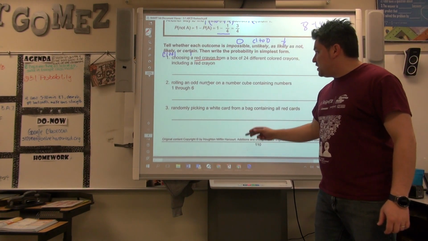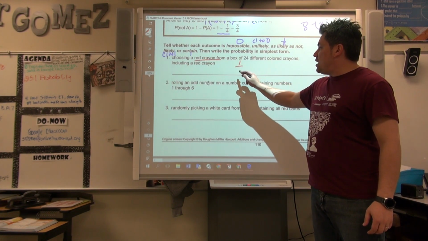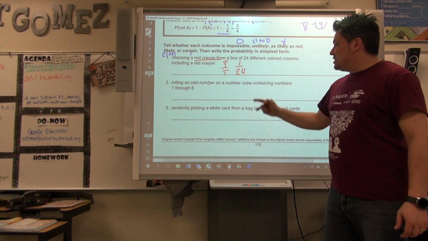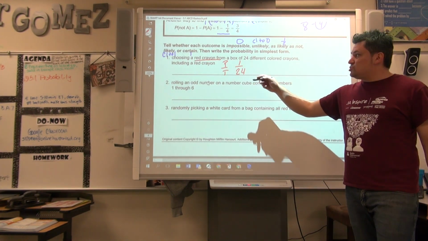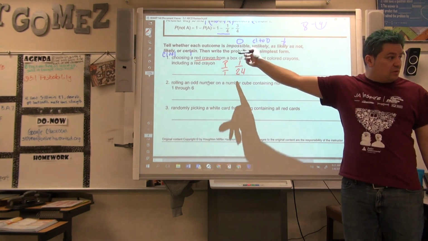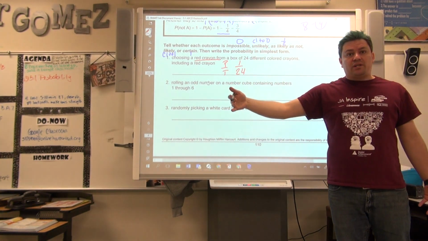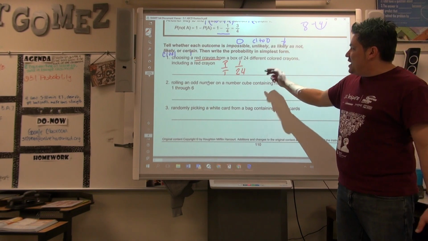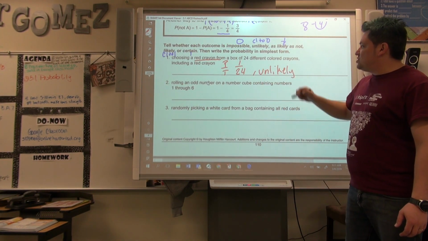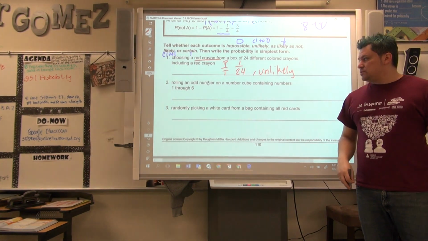So the probability will be 1 out of 24. This is a part over total. That's really close to 0, right? So I think this is impossible? No, because there's a red one in there. So it has to be unlikely. That's really close to 0.